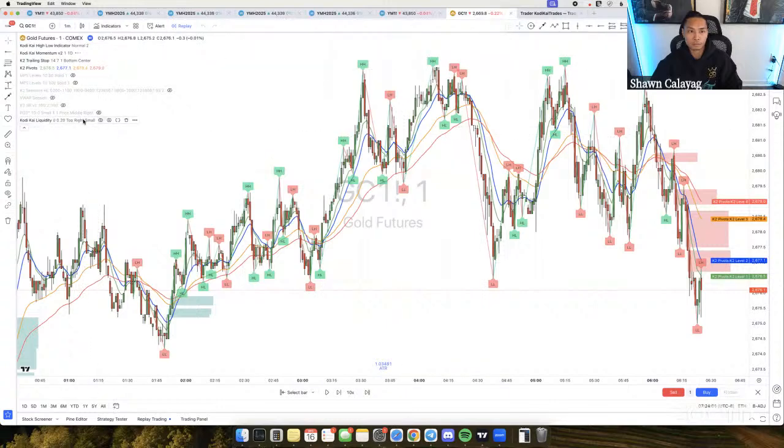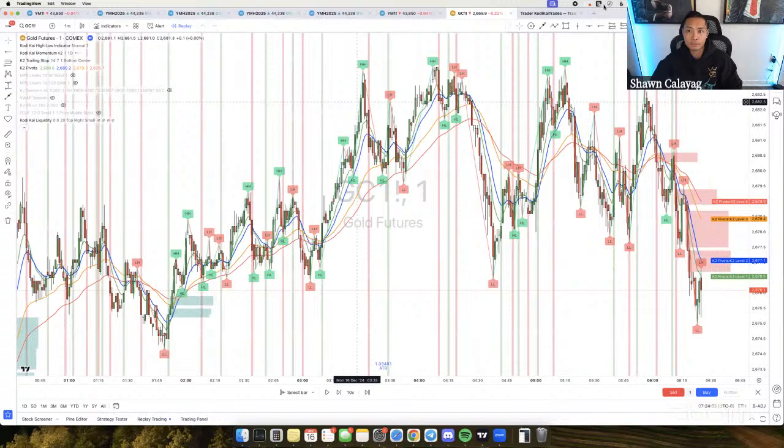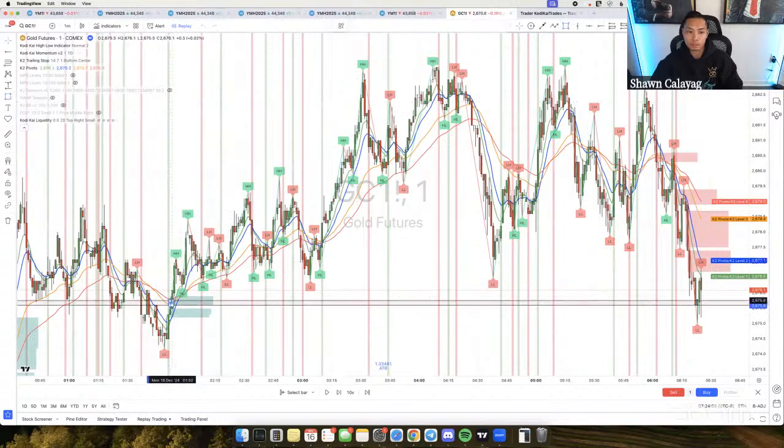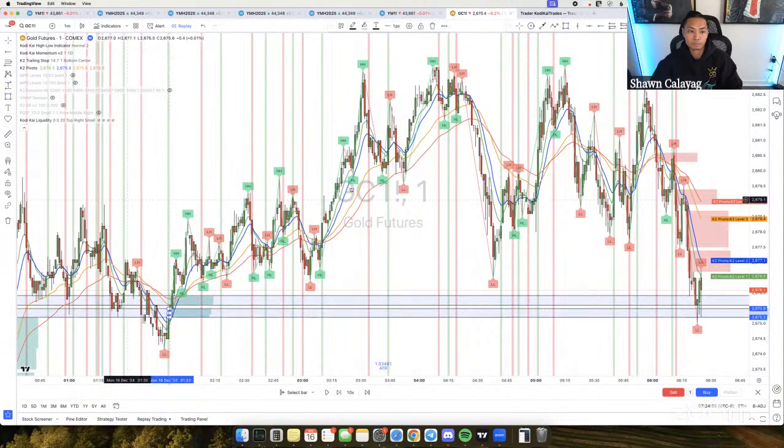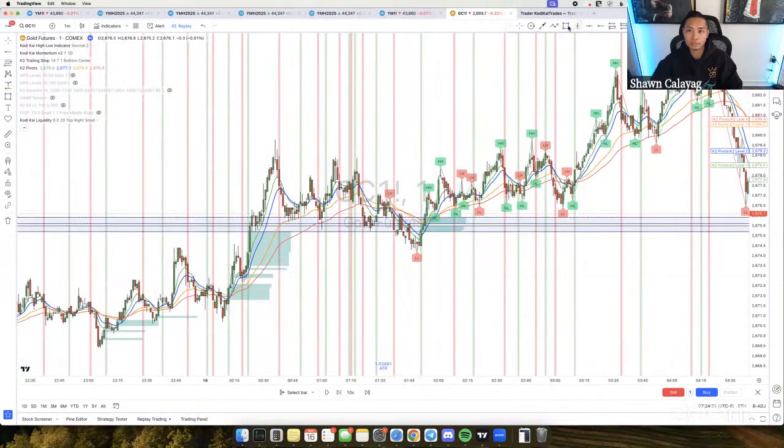So there was a level that was right here. There's a couple levels actually. Oh, there was a ton of levels down here.